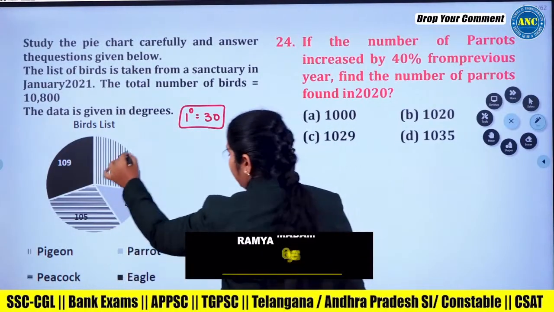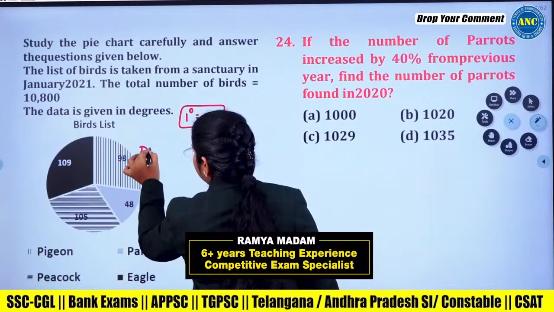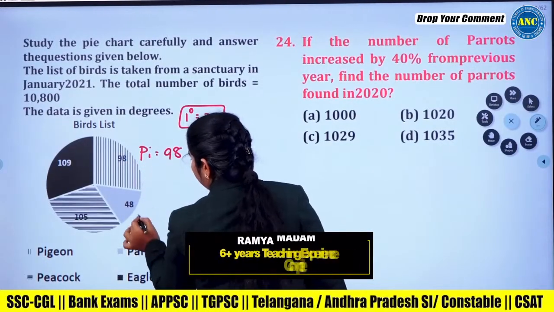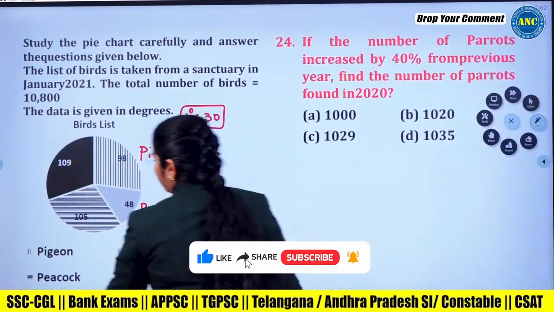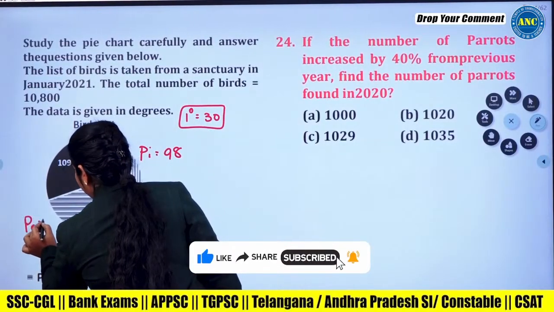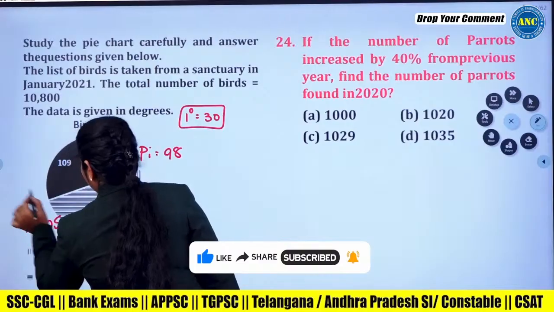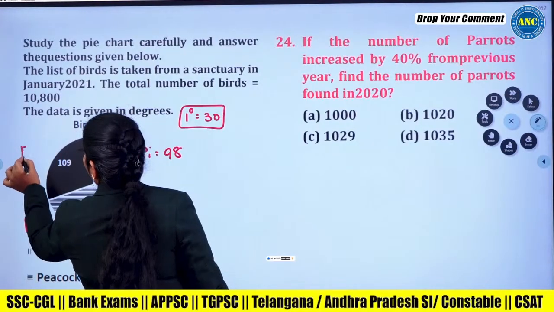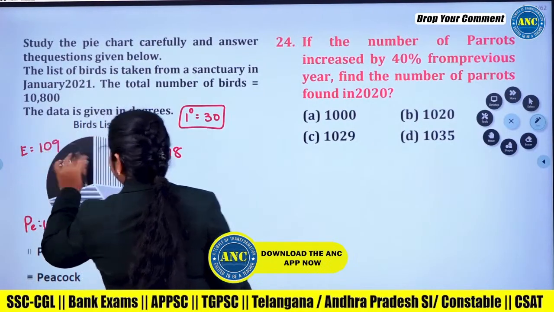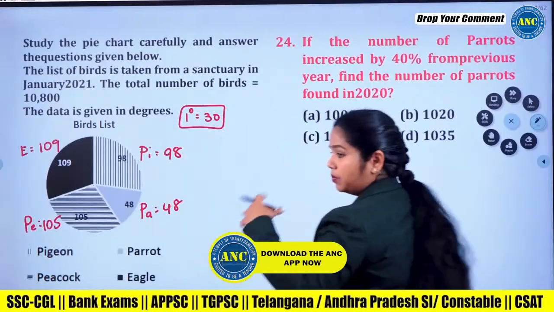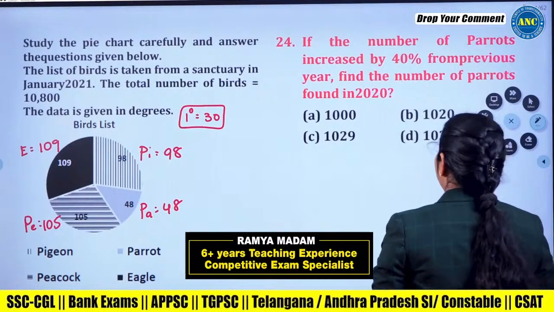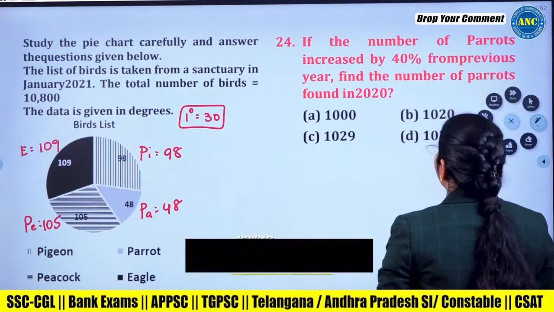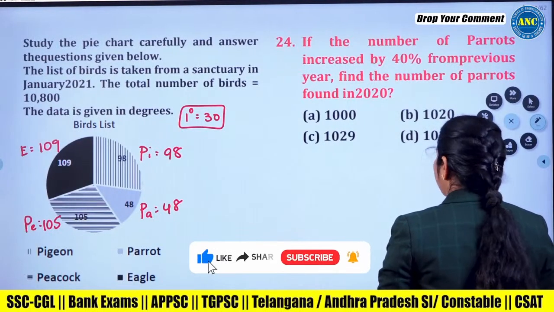And the data here, pigeon is 98 degree, parrot is 48 degree. Just writing the data to make it more clear to you. If the number of parrots increased by 40% from previous year, find the number of parrots found in 2020.